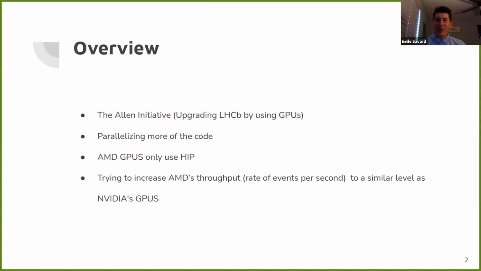But specifically, we were targeting AMD's HIP language, since we were trying to work with AMD GPUs, and AMD GPUs, surprisingly, or sadly, I should say, only use HIP. And specifically, our end goal was also, as Tom mentioned, to try to increase AMD's throughput, which was the rate of events per second, to a similar level as NVIDIA's GPUs.